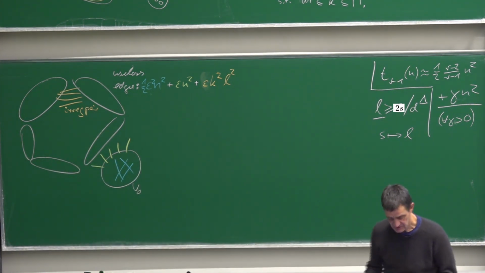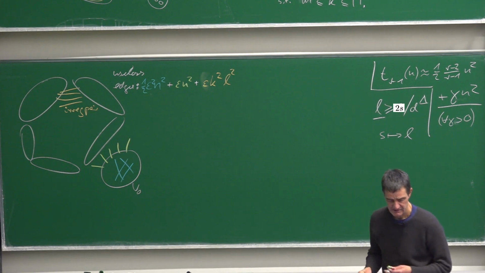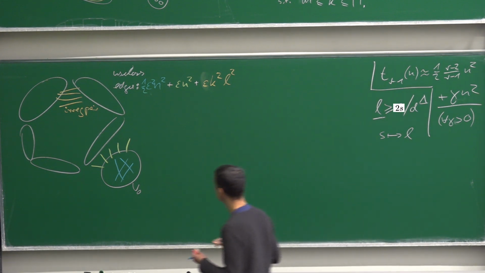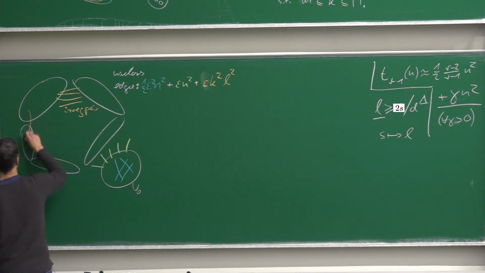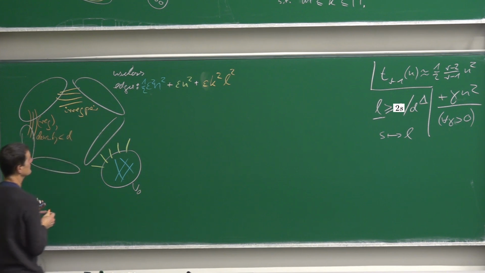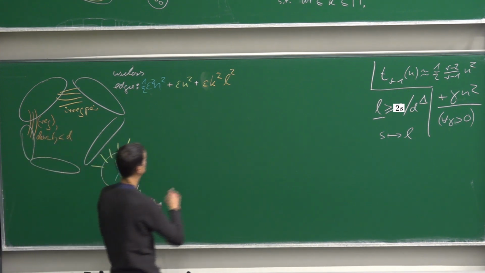Now we want regular pairs of density less than D. Well, how many are there?